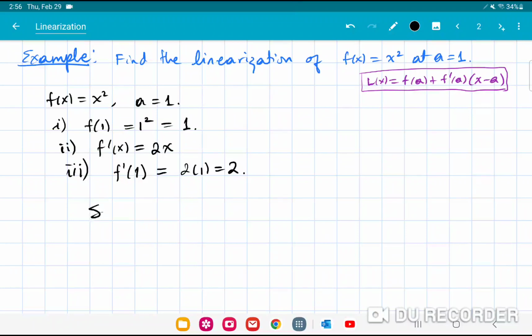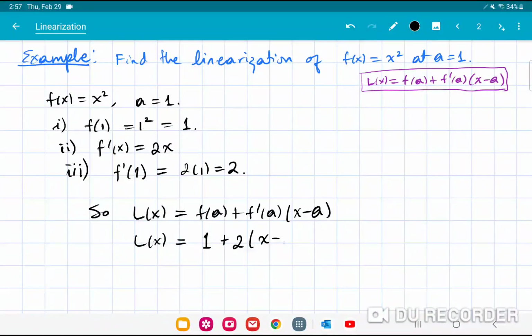L of x is f of A plus f prime of A times x minus A. In this case, L of x is f of A, which is 1, plus f prime of A, which is 2, times x minus 1. We don't simplify this, just leave it like this. That's the final answer. We don't simplify and get it in the form of mx plus b.